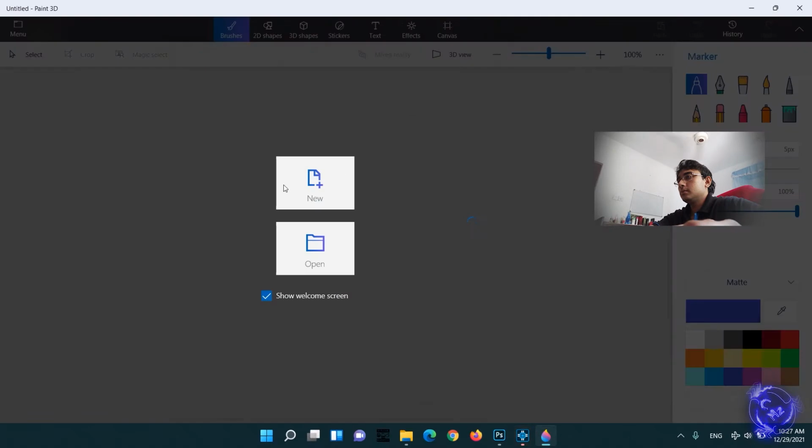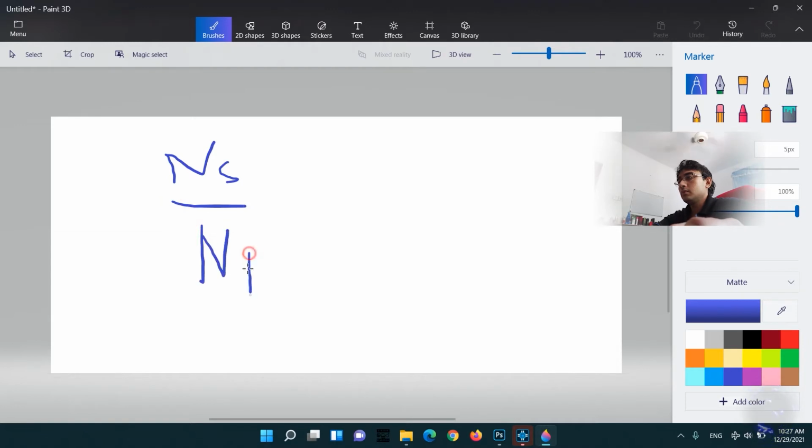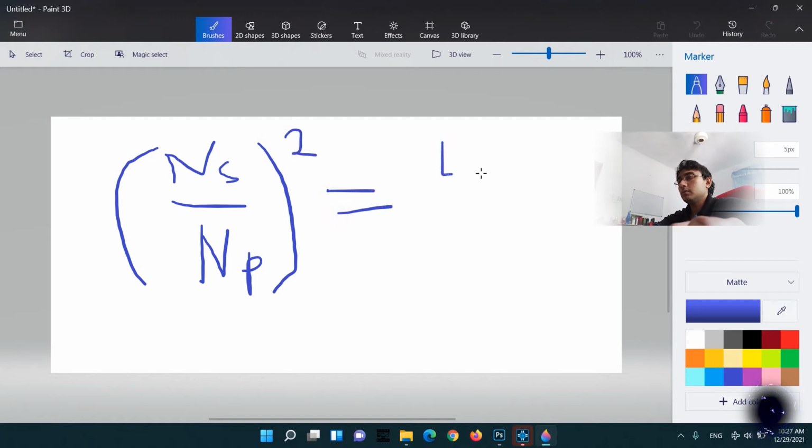Because you know this relationship in between inductance and the turns ratio: N secondary over N primary, squared, is equal to L secondary over L primary, with a given reluctance path.